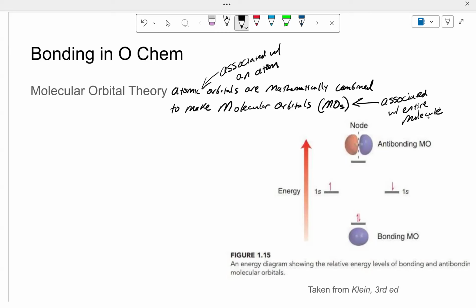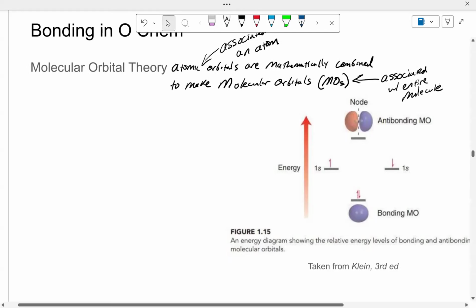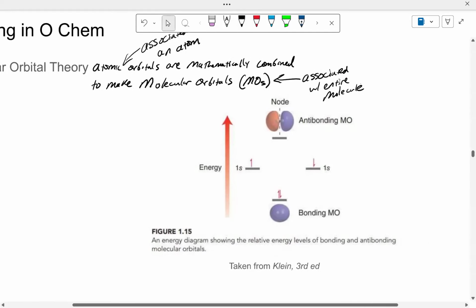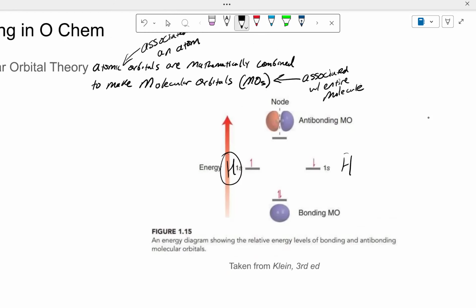Valence bond theory will say that the electrons in a bond are shared between two atoms and no more. Molecular orbital theory says, well, those electrons could be shared across multiple atoms or even across an entire molecule. That's the main difference that I want you to know between those two theories. So if we look at a hydrogen molecule, here's one hydrogen, here's the other, and they're in their 1s orbitals.